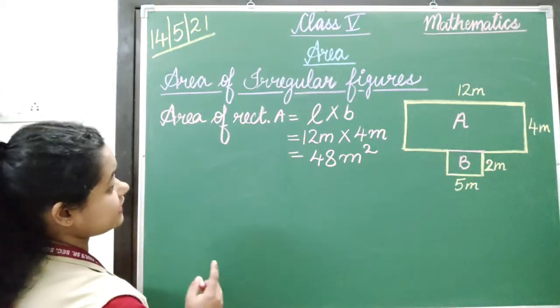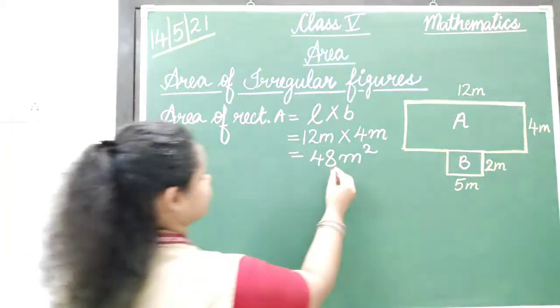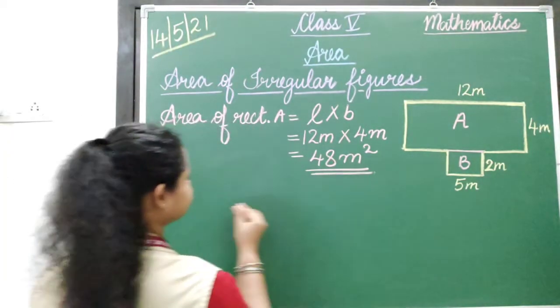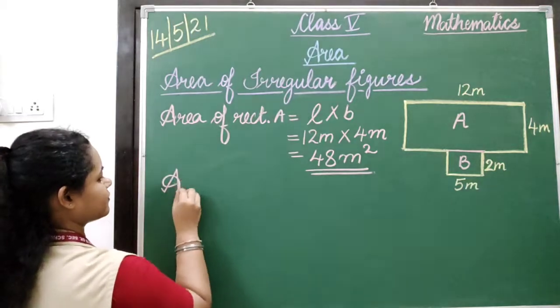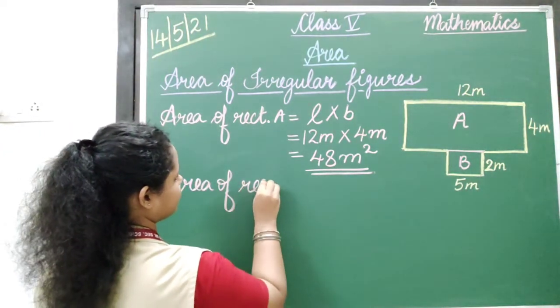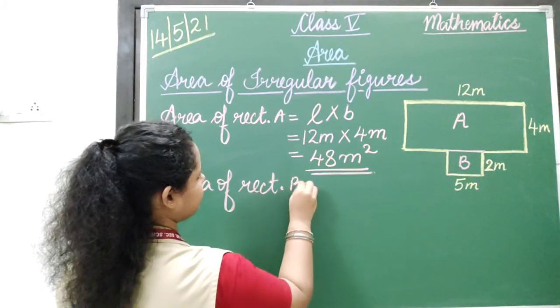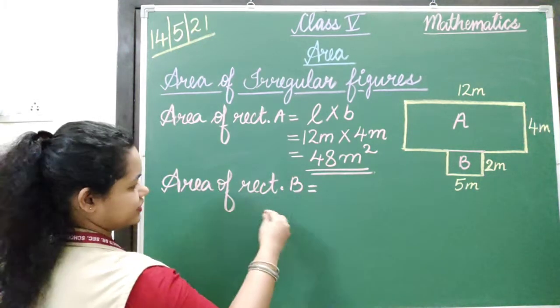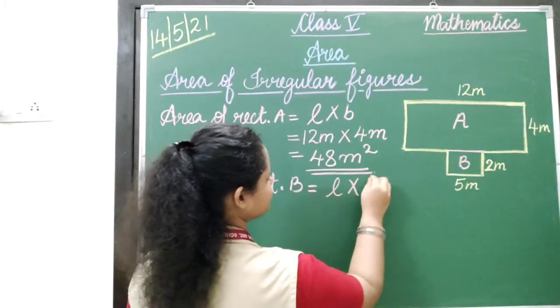Now, let's see the area of rectangle B. Again, area of rectangle is length into breadth.